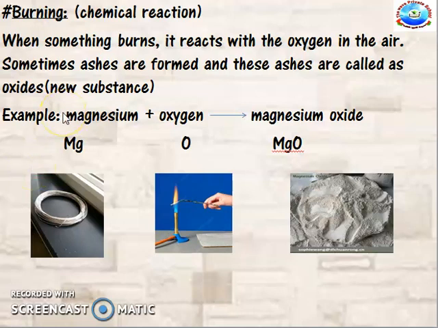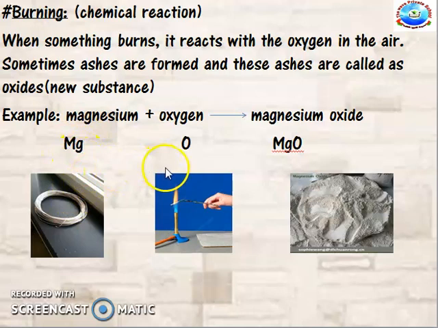What happens in a reaction? First we are going to see the concept of burning. For example, see these images first. This is a magnesium ribbon. The symbol of magnesium is Mg.